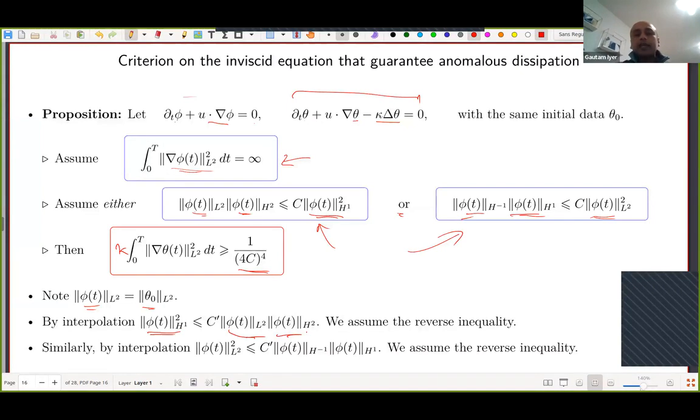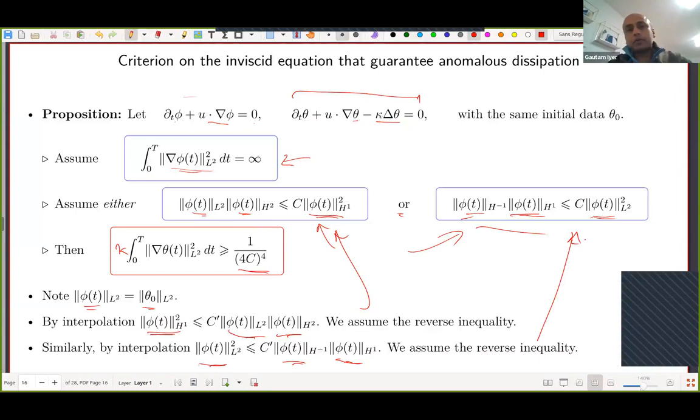What I'm assuming is the reverse inequality. Same with this one: the L2 norm square is bounded above by the H minus 1 norm times the H plus 1 norm. I'm assuming the reverse inequality. In this case, I can get you anomalous dissipation.